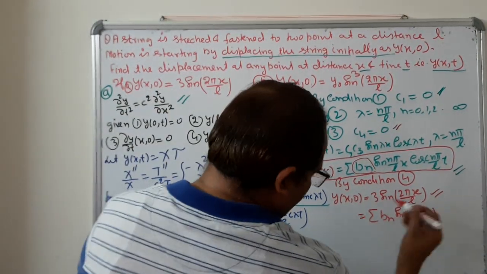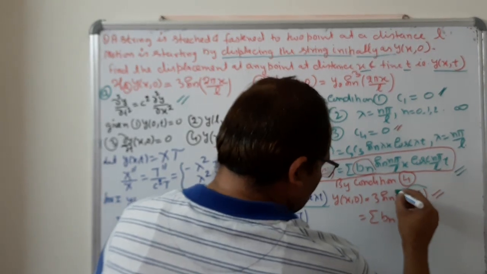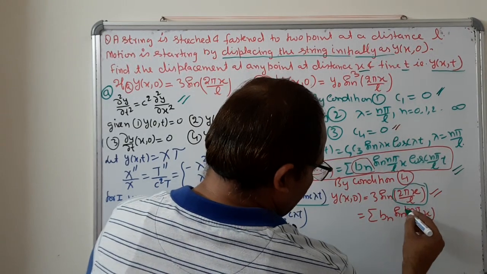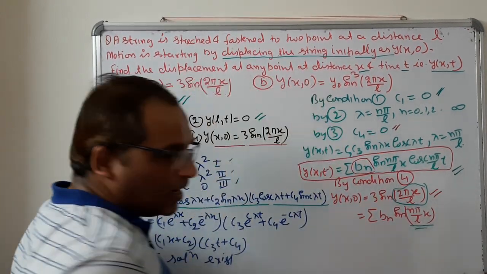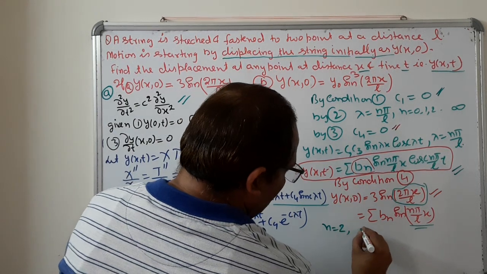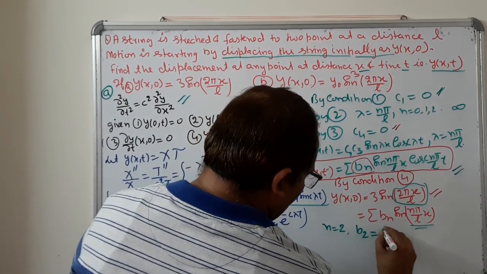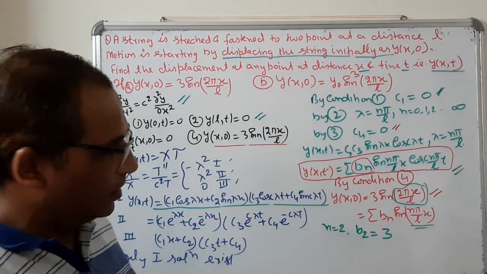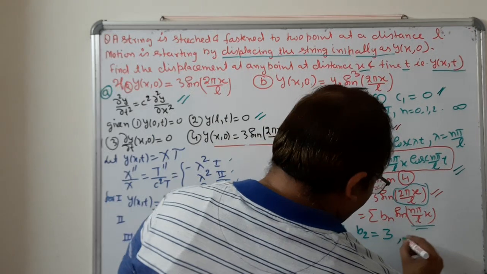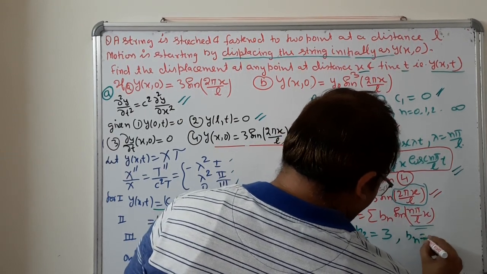If we compare these two terms, the angle of this one is 2 pi x upon L, and the angle of this one is n pi x upon L. That means here n equal to 2, and if we compare both sides, the value of B2 is equal to 3. And every other Bn is 0.